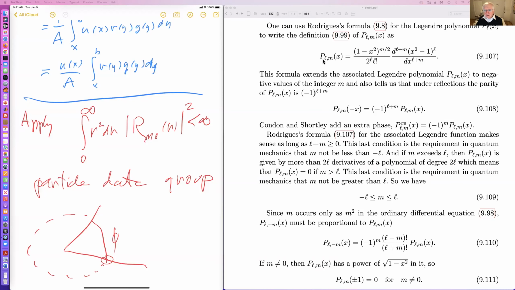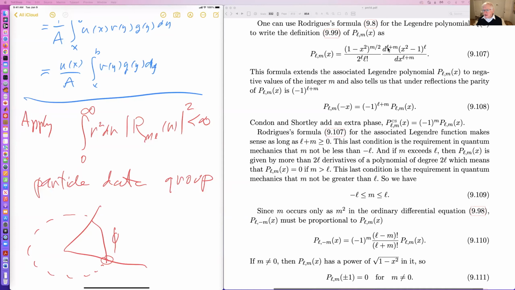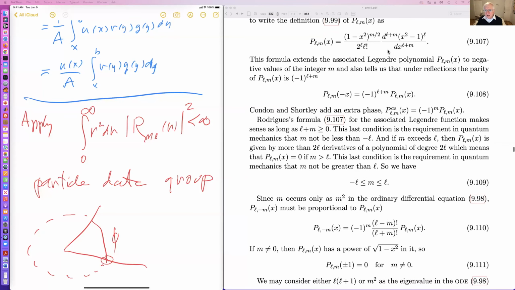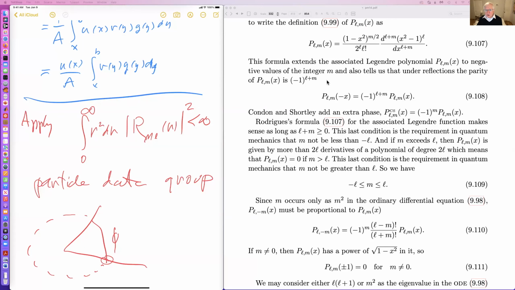And now that we've got this expression here, we can extend it to negative values of m. M, remember, was the number of times you differentiate. But in this expression, we can have m negative as long as it doesn't exceed L. And then also we find that if we flip x to minus x on PLM, remember for m equals 0 we had minus 1 to the L. Now for m not equal to 0, it's minus 1 to the L plus m.